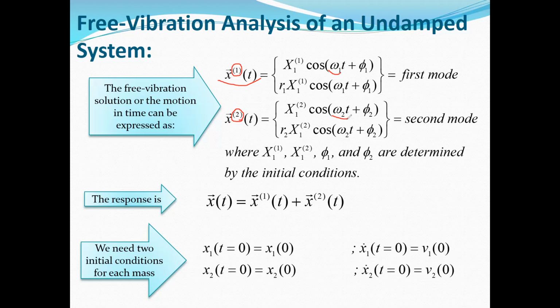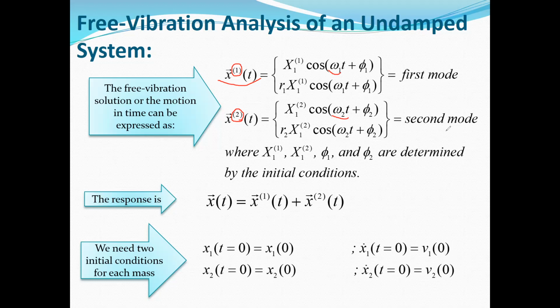As you can see, we need to obtain the frequency. This is very important to know how much the natural frequency of the system is. From this method, you can obtain omega 1 and omega 2, which are the natural frequencies of your system, and also the mode shapes.